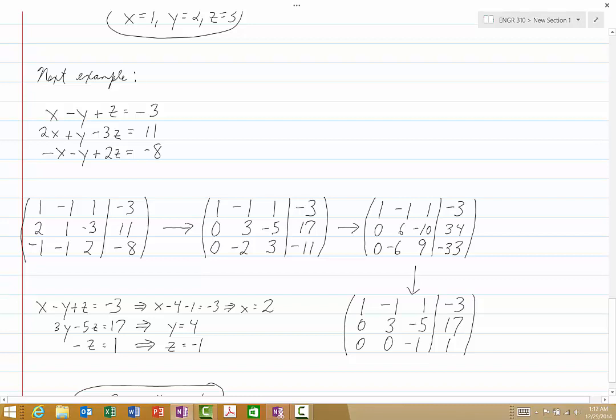In other words, you might say that I multiplied the second row by 1/2. So 1/2 of 0 is 0, 1/2 of 6 is 3, 1/2 of negative 10 is negative 5, and 1/2 of 34 is 17.